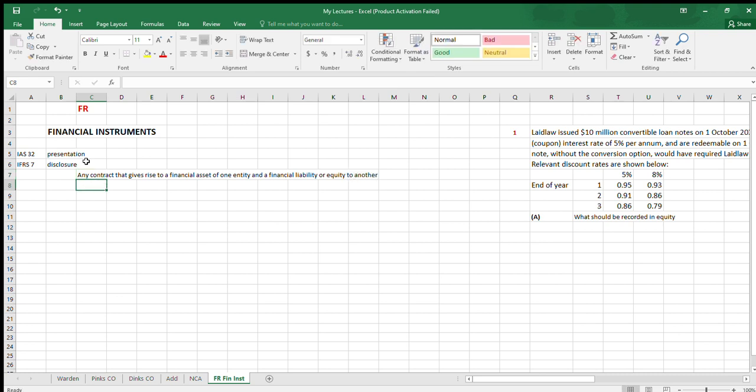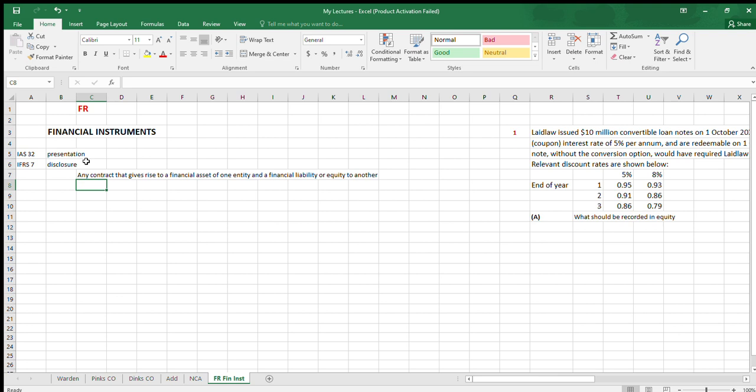That is very simple. What you have to know first is that a financial instrument is a contract. So any contract that gives rise to a financial asset of one entity and a financial liability or equity to another.